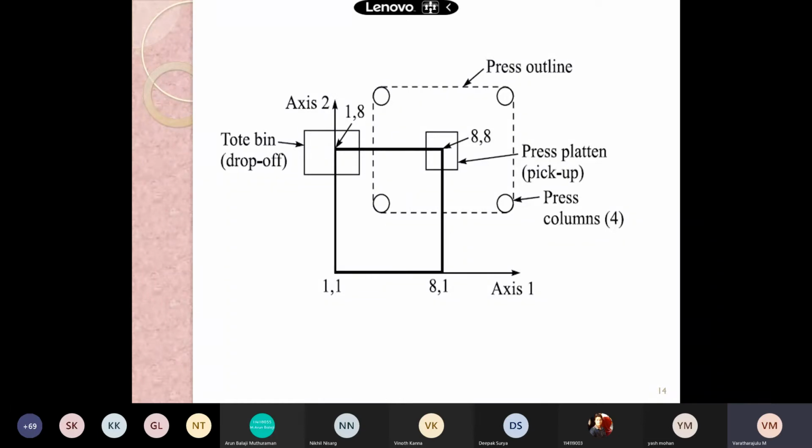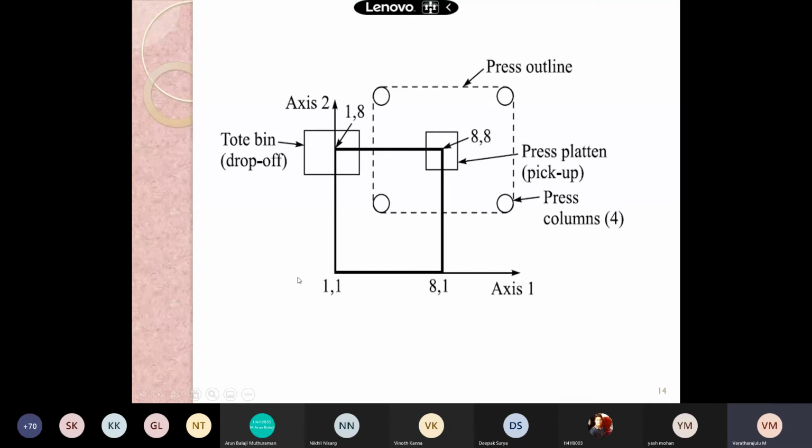That is what we need to do. Have you written this? Have you drawn this thing? Assume there are many grids in between 1 1 and 8 1.